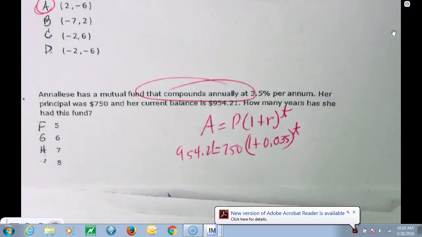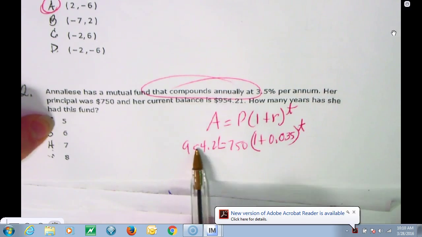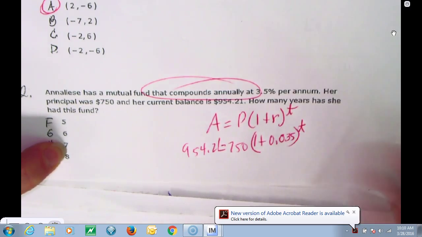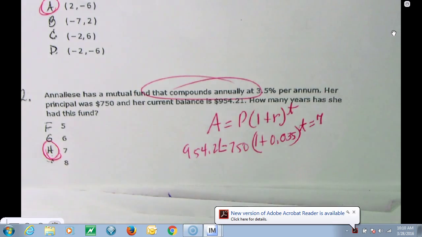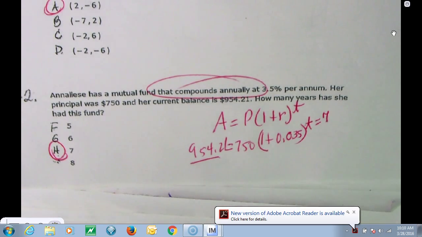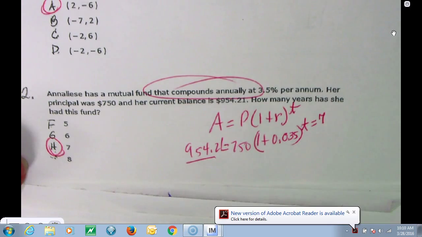You didn't really need to know how to, but you can go guess and check. You can put 5 in there to see if you get that, 6 in there, or 7. And T is 7. When you put 7 in for T, you get 954.21. Sometimes you have to use the answer choices to get your answer.